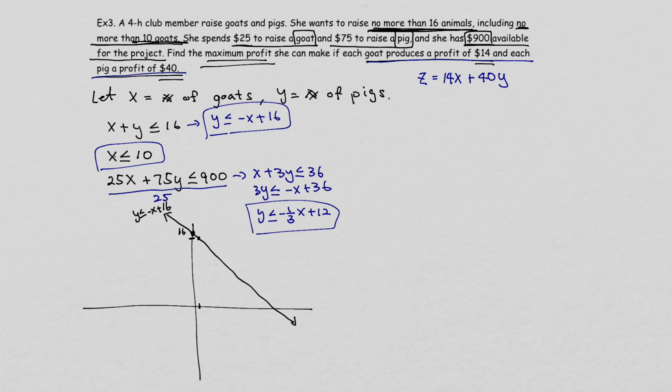And then the second inequality, x is less than or equal to 10. So if we have 10, somewhere right here, let's say this is 10. So x is less than or equal to 10.